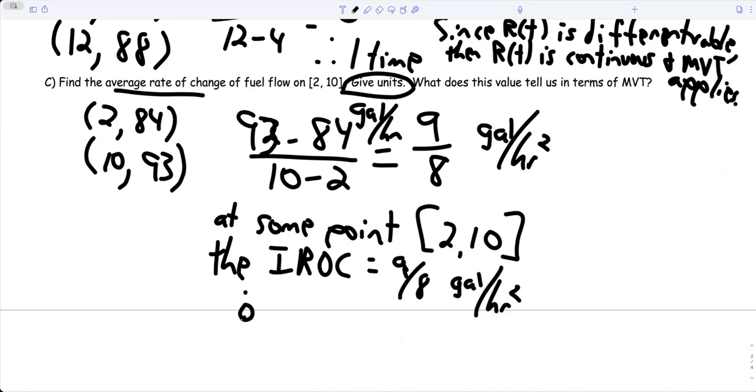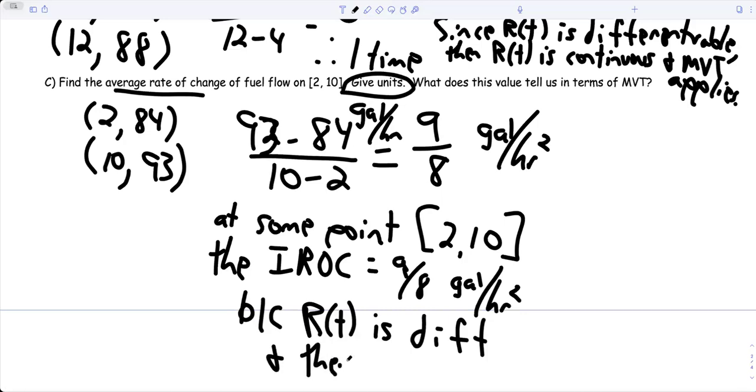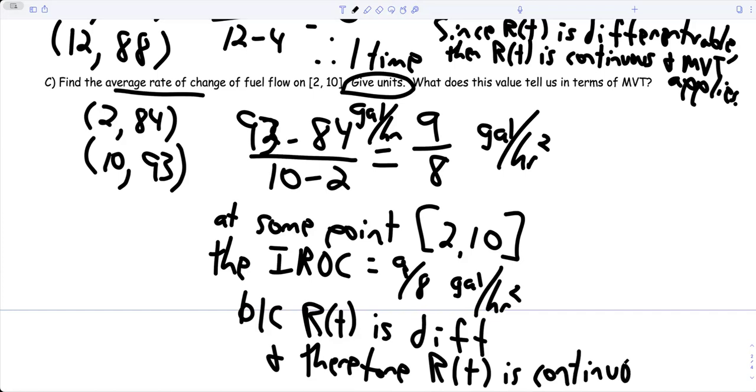Because R of t is differentiable and therefore R of t is continuous on the closed interval.